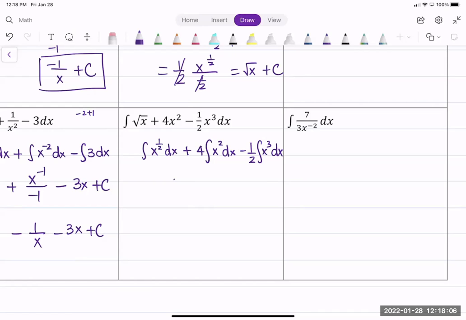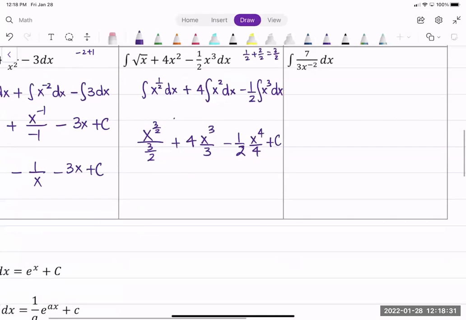The integral of x to the 1/2 is going to be x to the power 1/2 plus 1, which is 1/2 plus 2 over 2, which is 3 over 2. So x to the power 3 over 2 over 3 over 2, plus 4x cubed over 3, minus 1/2 x to the power 4 over 4, plus c.